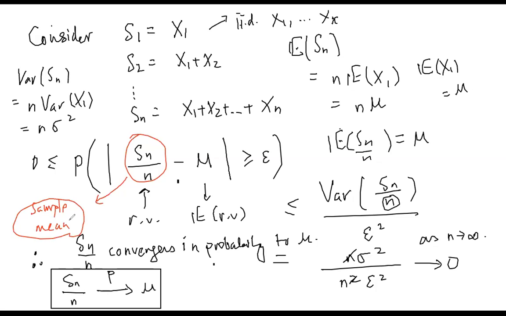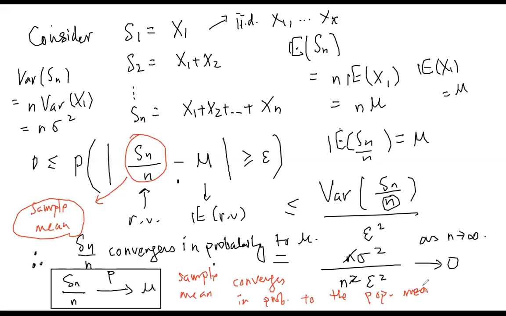So essentially, it is saying that your sample mean converges in probability to the population mean.